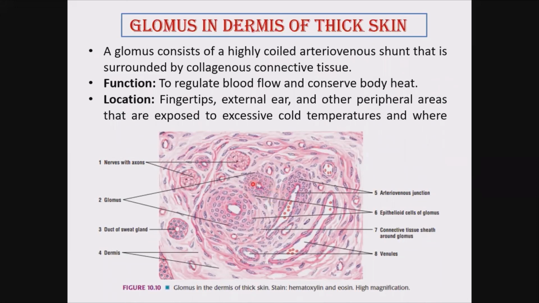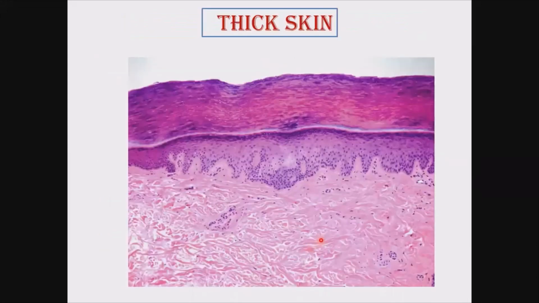So what happens here, these arteriovenous shunts you can see, they're surrounded by a group of cells concentrically arranged along with the connective tissue. So this group of cells surrounding the arteries and veins, along with the connective tissue, is called a glomus. Okay, glomus.